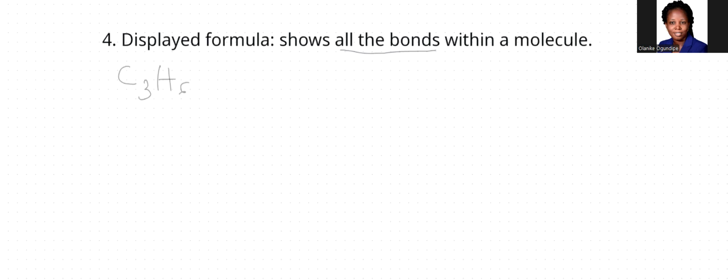Considering this formula that we have here, C3H6, this didn't tell us much information about this compound or molecule. For us to understand this better, we can show all the bonds in this molecule, and that is written this way.